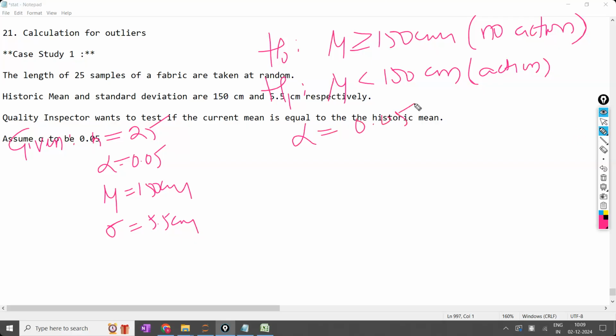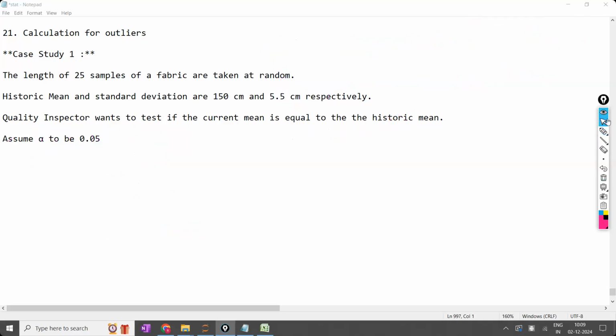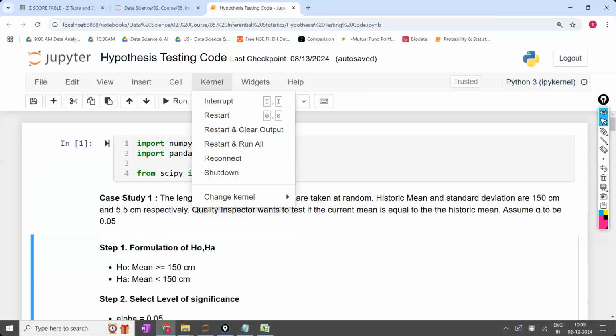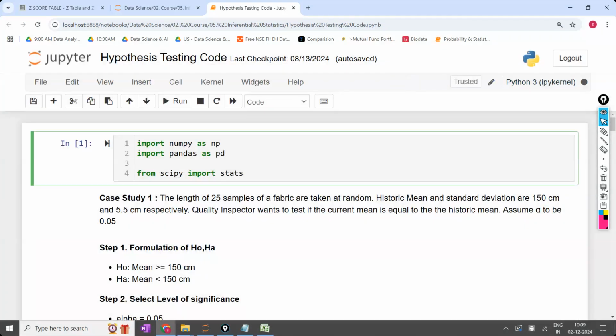Now, whether the data is normally distributed or not. The data was given to us, so we can't assume the data is normally distributed. We have to check whether the data is normally distributed or not. How to check? First I'm going to load the data that was given to me.